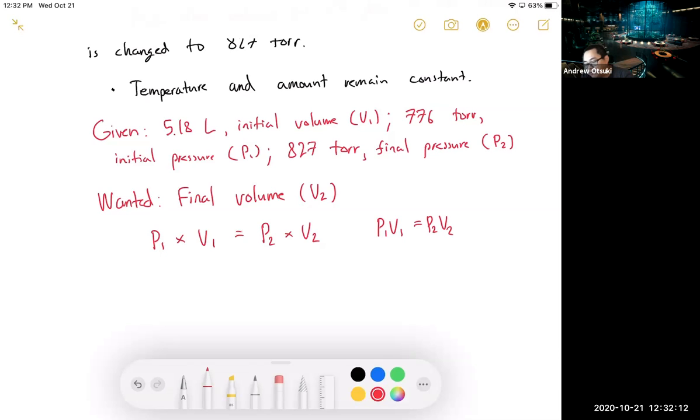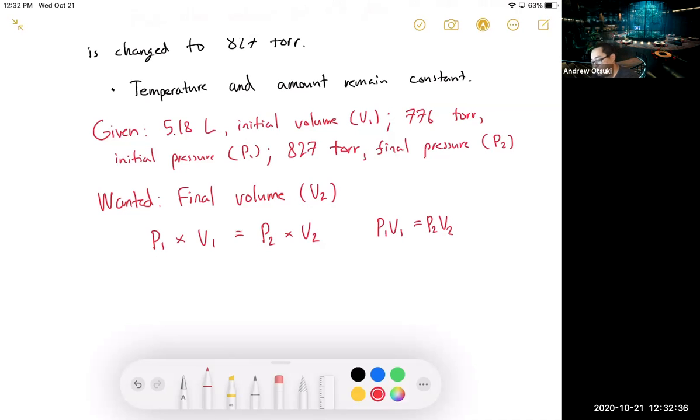For this example, I will show you how I multiply it like this, but in the future I'll probably leave it as P1V1 equals P2V2.